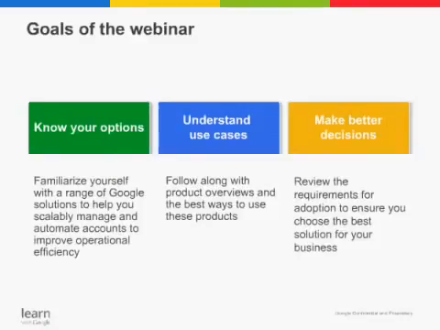And in today's webinar, we'll be reviewing 4 of these tools with the specific goals of 1, highlighting the range of solutions available to help you scalably manage and automate your accounts to improve operational efficiency. 2, providing details on each tool, including use cases and best practices, as well as recent updates and enhancements, all to help you 3, decide which tool or tools will best meet your needs based on the time, skills, and costs required for adoption.